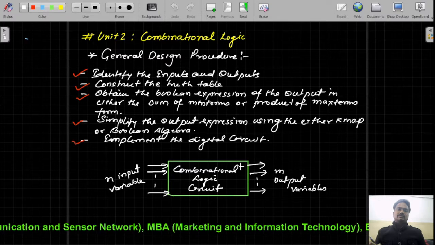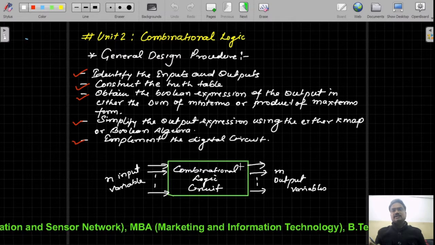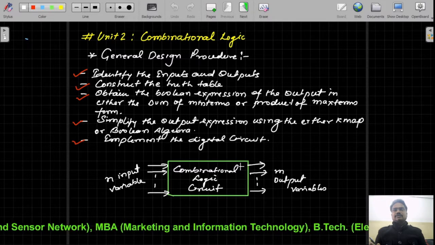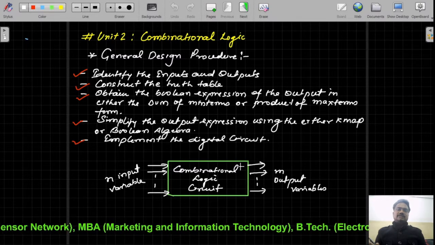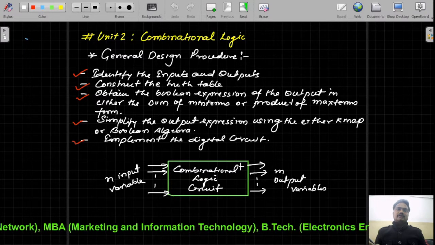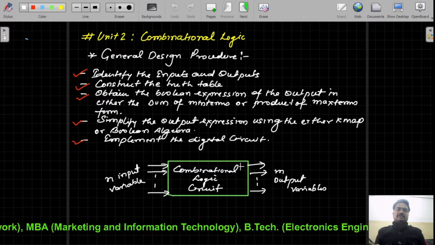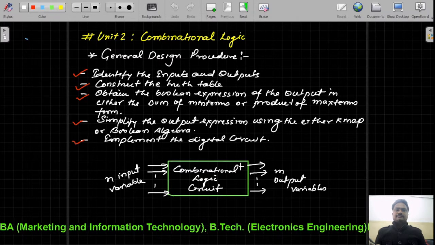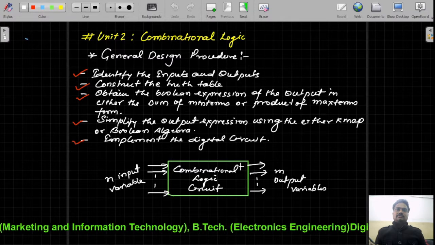For almost all combinational circuits, we will follow the same design procedures. So it becomes very important to know initially what the fundamental design procedures are to make our combinational circuit logically as well as at circuit level design.